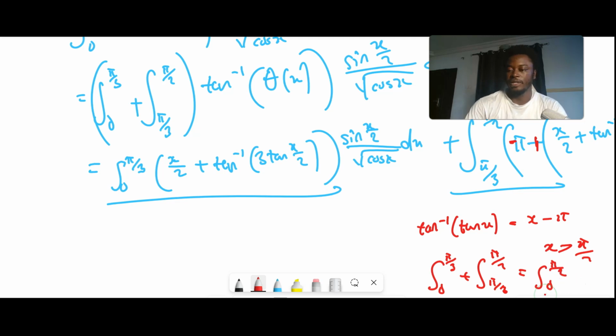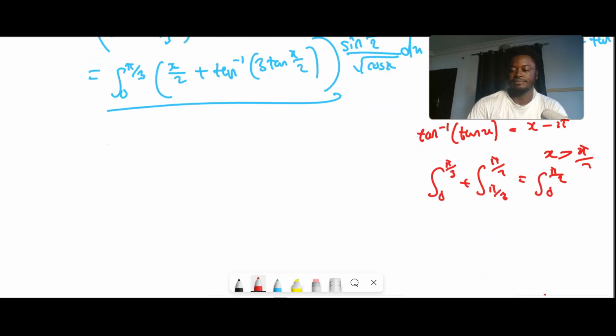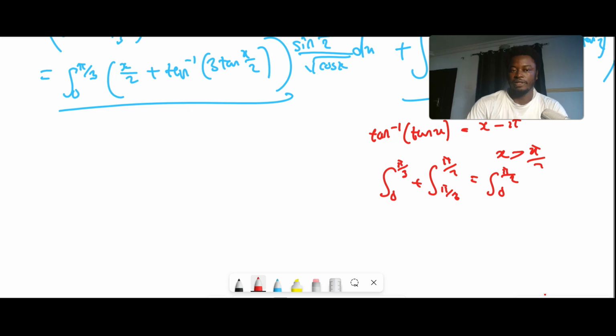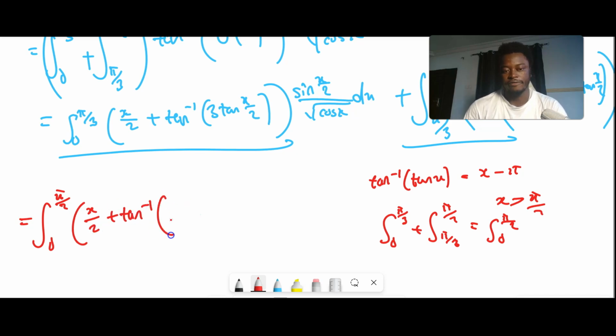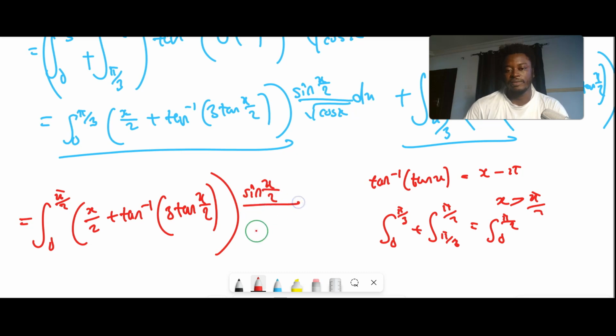So next up, everything right here would become the integral from 0 to pi over 2 of x over 2 plus tan inverse of 3 tan of x over 2, all divided by sine of x over 2 divided by square root of cosine of x dx.